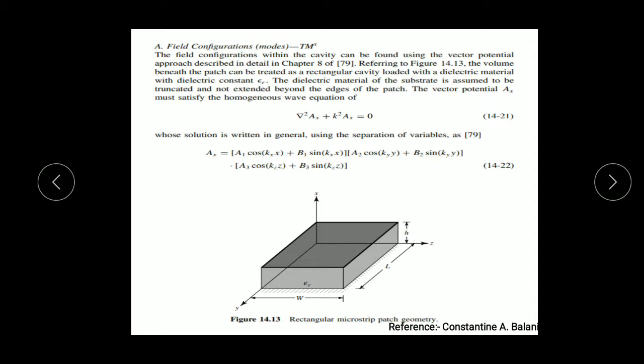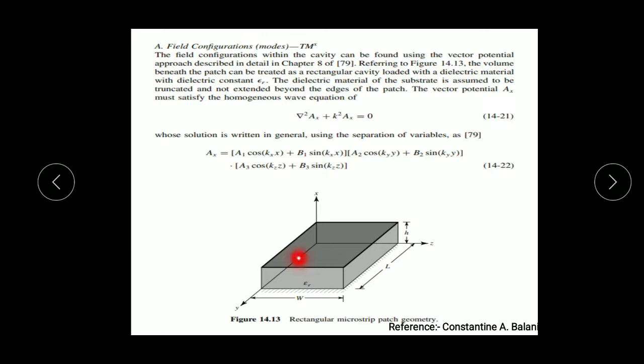The dielectric material of the substrate is assumed to be truncated and not extend beyond the edges of the patch. The vector potential must satisfy the homogeneous wave equation. This is the homogeneous wave equation, and the solution is given by this in x, y, and z directions.